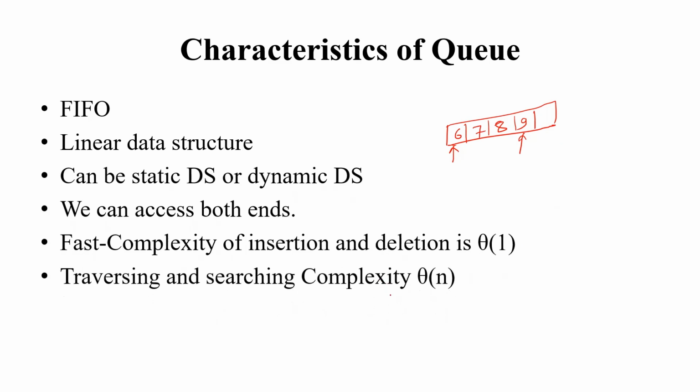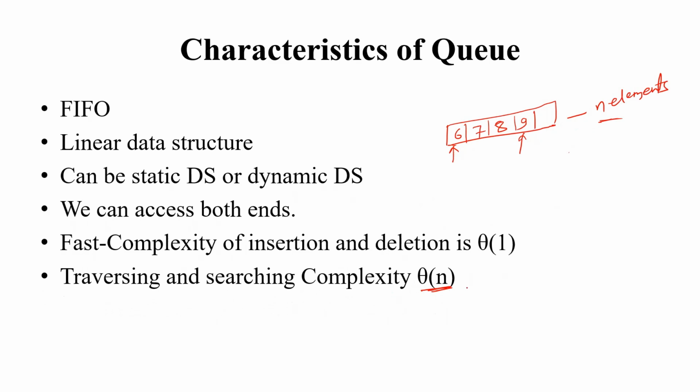Then if we want to traverse or search for any element in the queue, the complexity will be theta of n. Why? Let's suppose we have a total of n elements. If we start searching from 6, in the worst case it can go up to n elements.